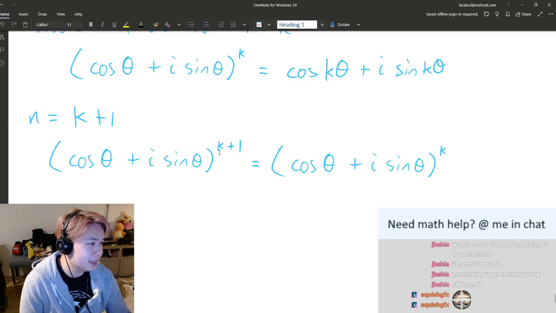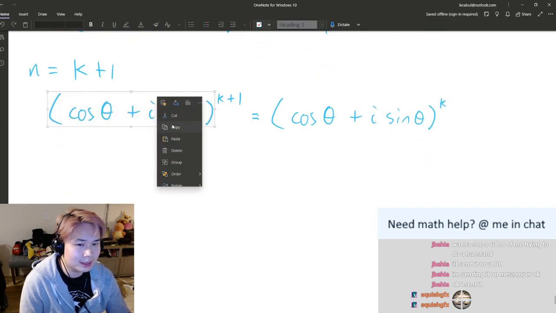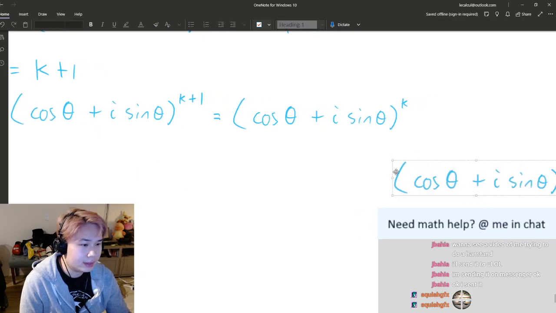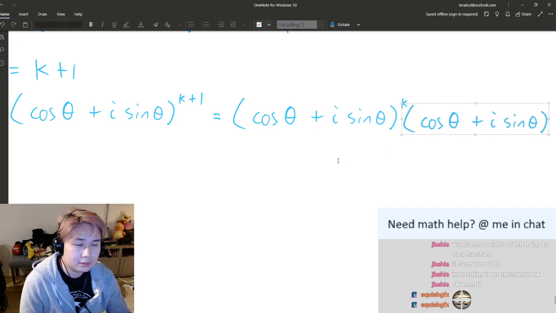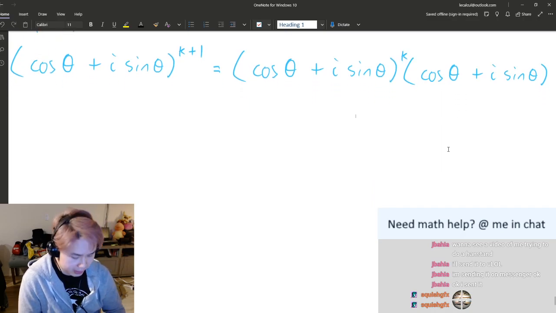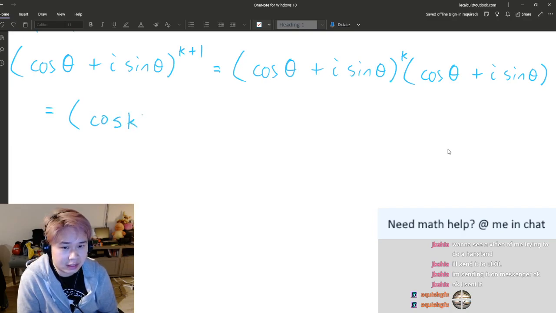But that's easy enough because this is an exponent, and all of this to the power of k plus 1 is equal to all of this to the power of k multiplied by another one. And then now I can use my assumption. And I know that this is cosine k theta plus i sine k theta.